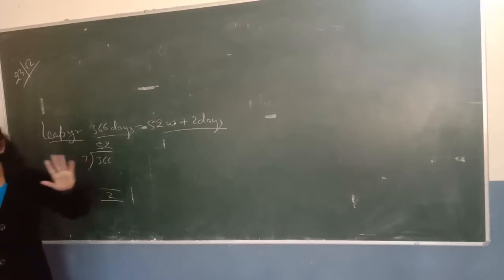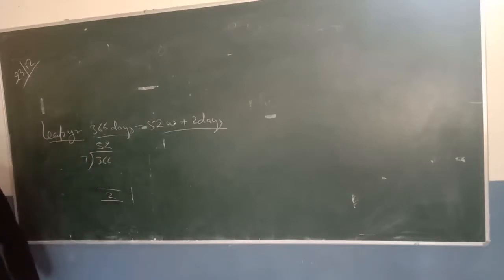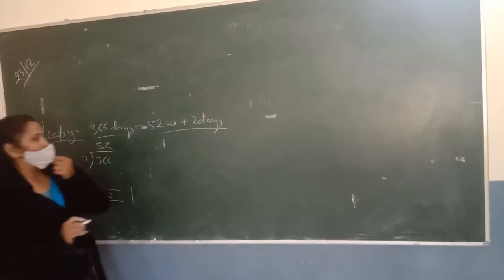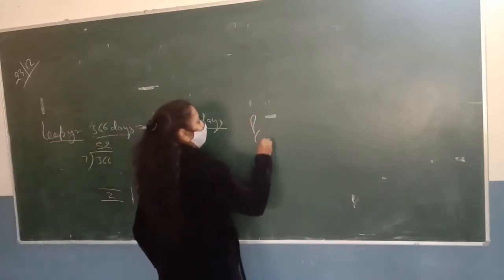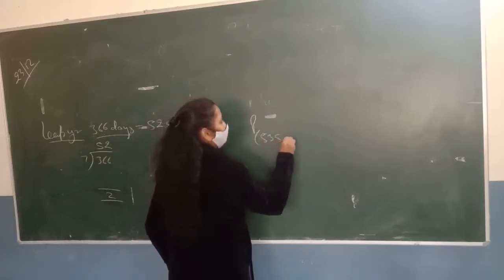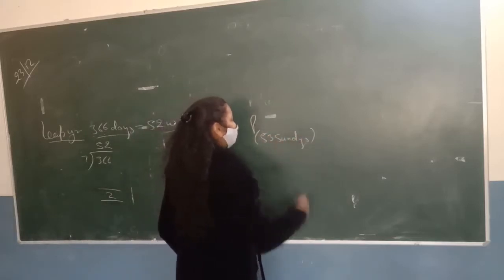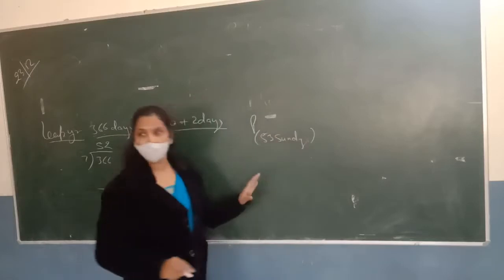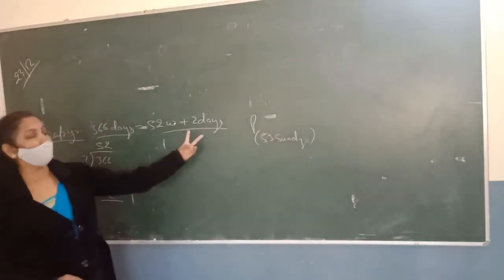Now the question for the leap year is like this. Find the probability of getting 53 Sundays in a leap year. This is one example. For this, you have to make the chart of these 2 days.